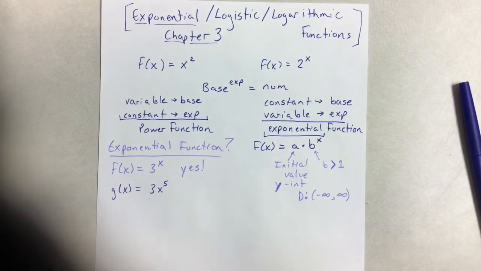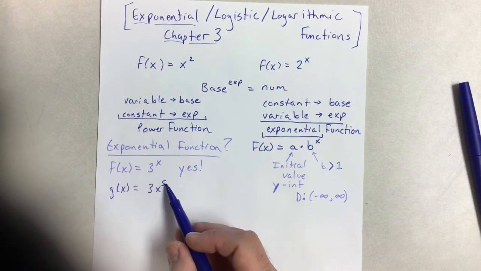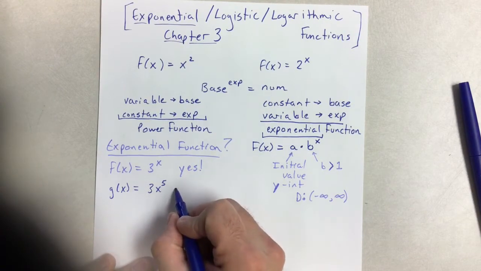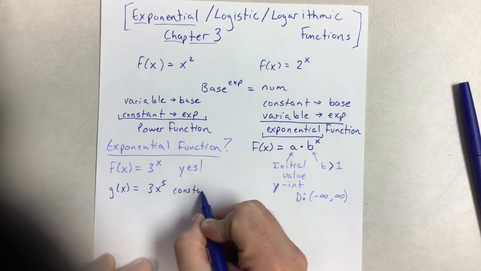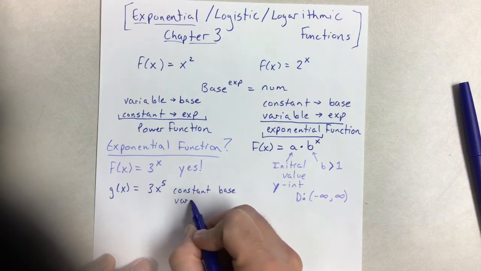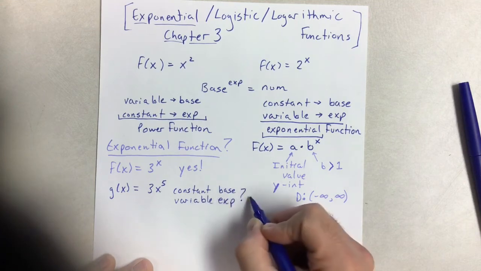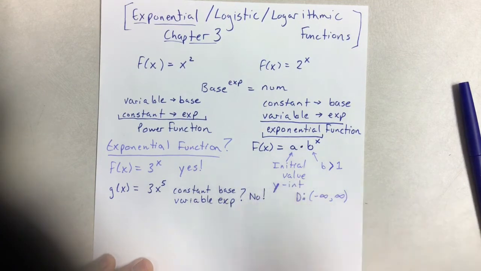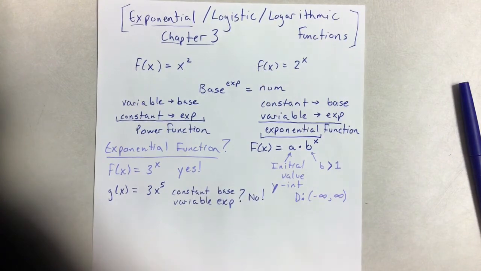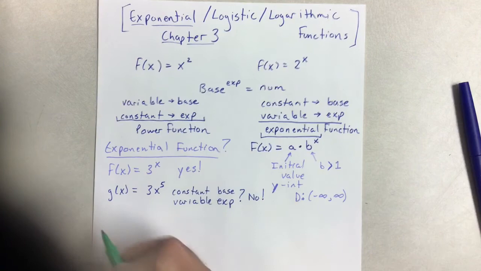So we're asking, do we have a constant as the base and a variable as the exponent? No. Therefore, it's not an exponential function. This is an example of a power function, actually. And let's look at another.